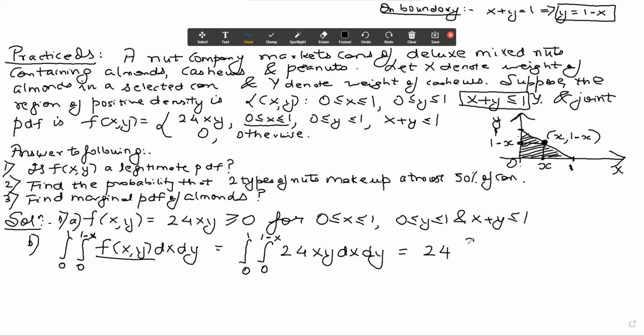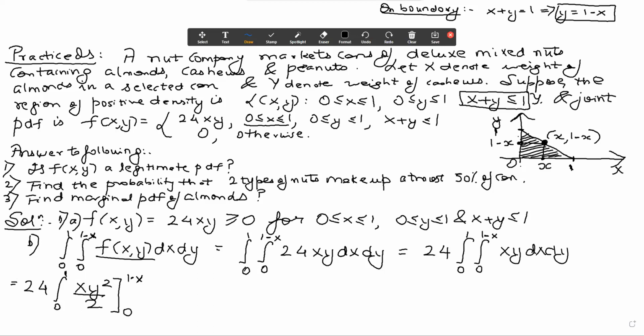So this becomes 24 times the integral 0 to 1, 0 to 1 minus x, xy dx dy. Now let us integrate this with respect to y first. If I integrate this with respect to y, I get xy squared by 2, and I will run this from 0 to 1 minus x.